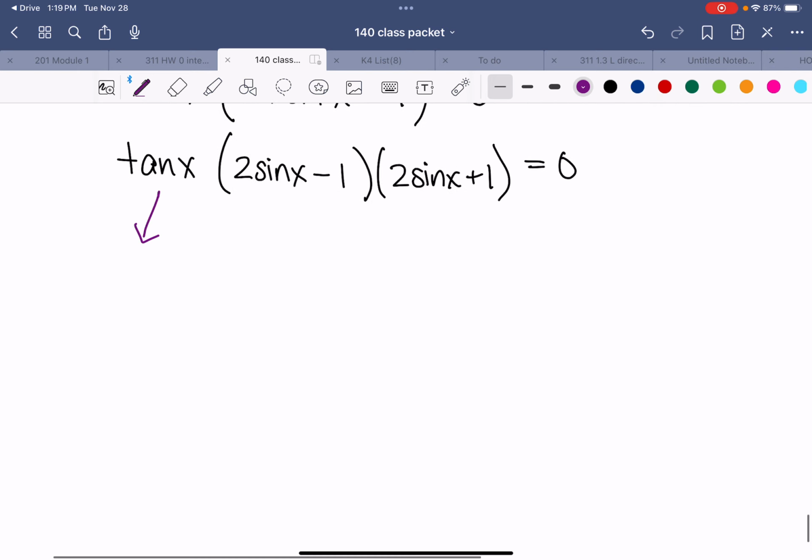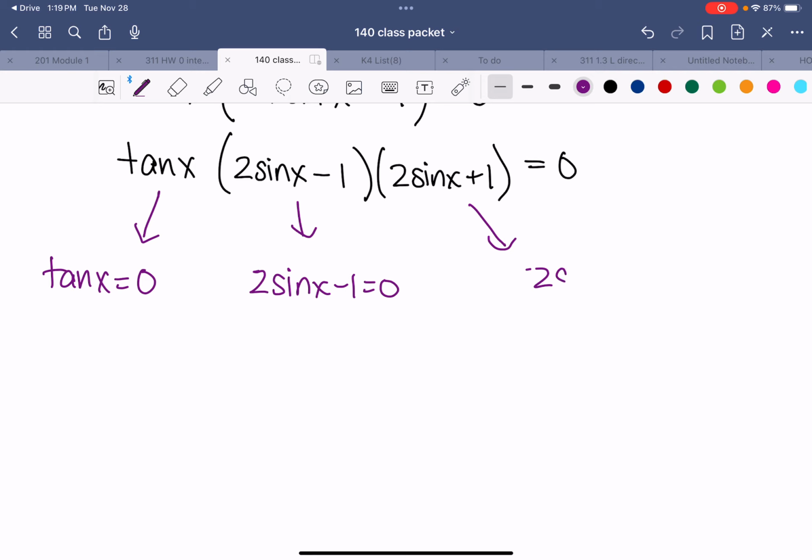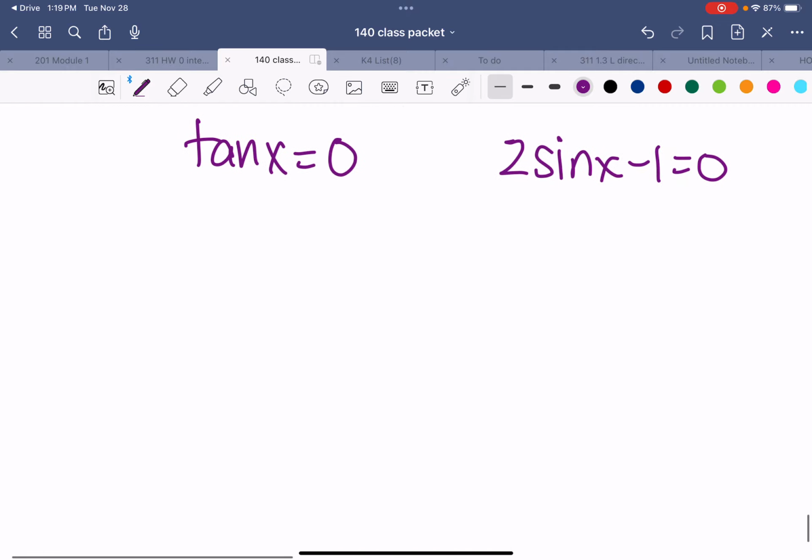So tangent of x equals 0. 2 sine of x minus 1 equals 0. And 2 sine of x plus 1 equals 0. Let's take these one at a time. So for tangent of x equals 0, whenever we see zeros, we're thinking it's got to be on a corner.